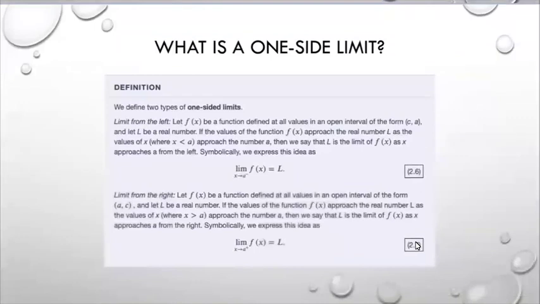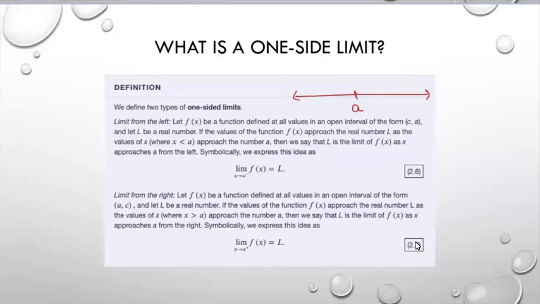Let's define what we mean by a one-sided limit. So we have two one-sided limits. We're talking about the way we are approaching that x value. Okay, remember that we are talking about x equals a. So if we talk about our number line, and I'm just going to make an example in here, we have a number line, and we have x equals a right there.